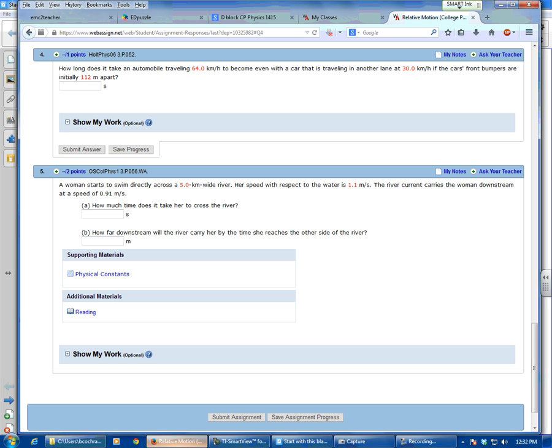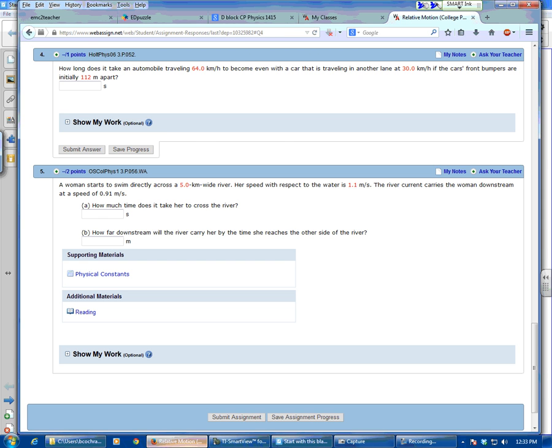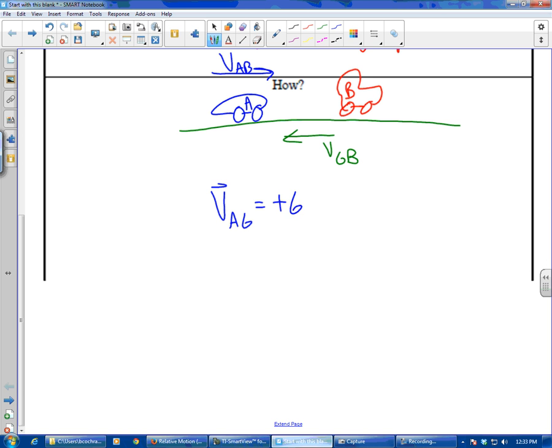Okay. So, the first velocity I'm given is the velocity of A with respect to the ground. So that's the velocity of A with respect to the ground is positive 64 kilometers per hour.